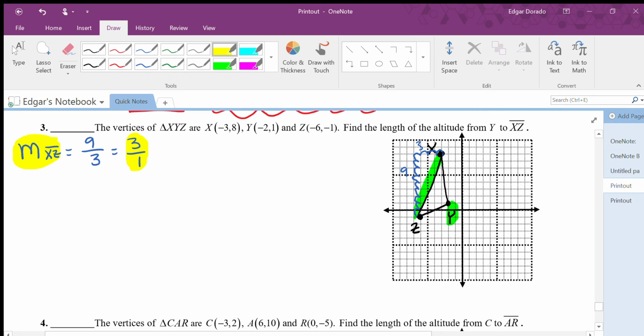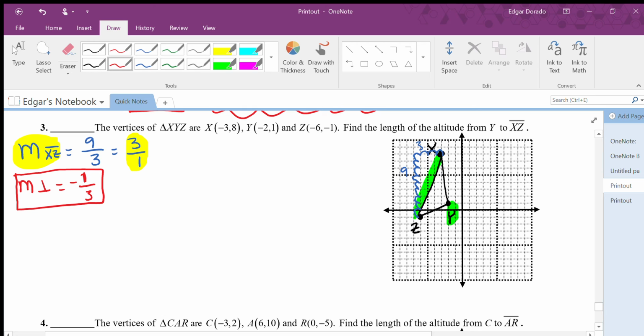Now that's my slope for xz. What I really want is my new slope that is perpendicular. Remember, guys, it has to be opposite and reciprocal. What is opposite and reciprocal of 3 over 1? That would be negative 1 over 3.